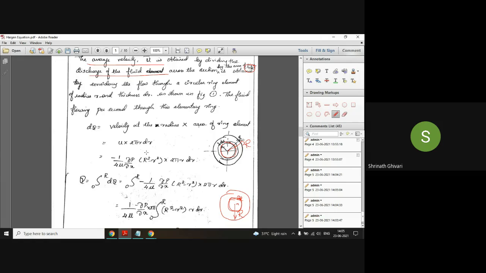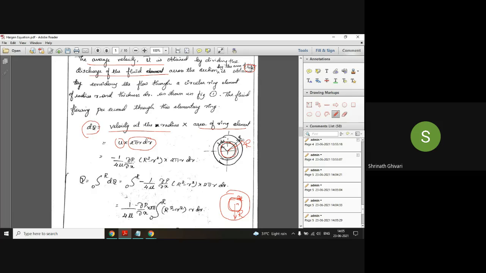Now, if I calculate the discharge for that fluid element and integrate it, I'll get the discharge throughout the circular pipe. So dq is the velocity at radius r times the area of the ring element. The velocity at radius r is u, and the area of the ring element will be 2 pi r dr, since it has some thickness.